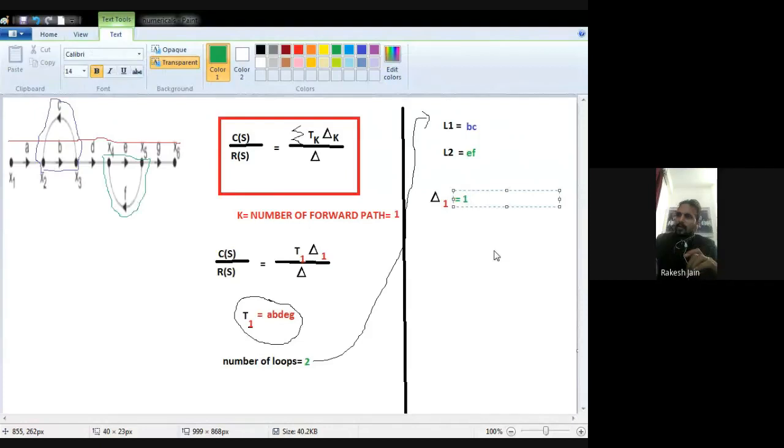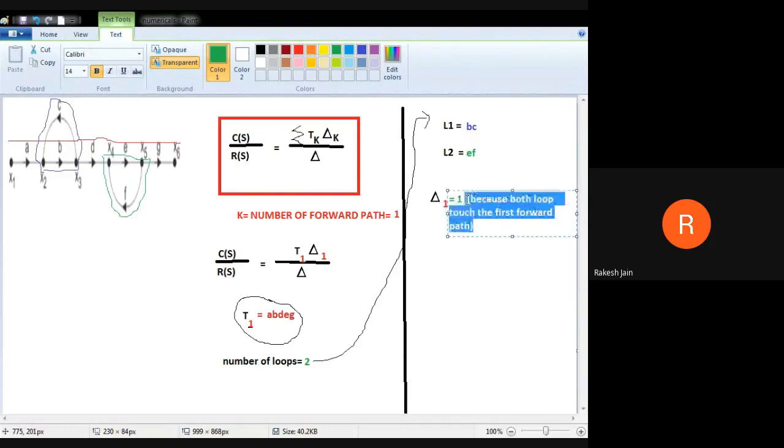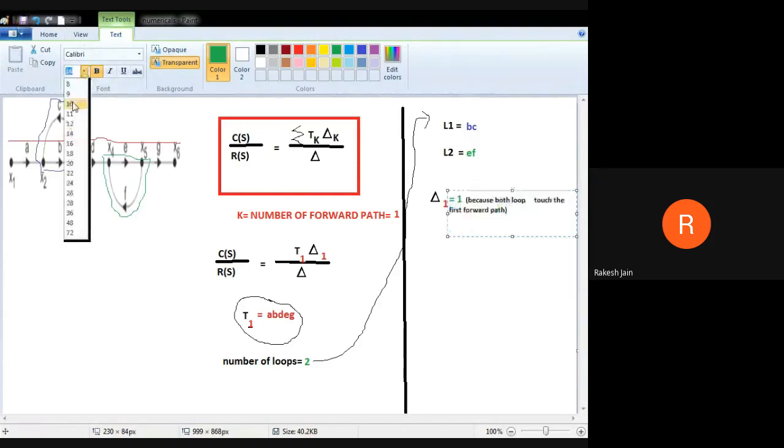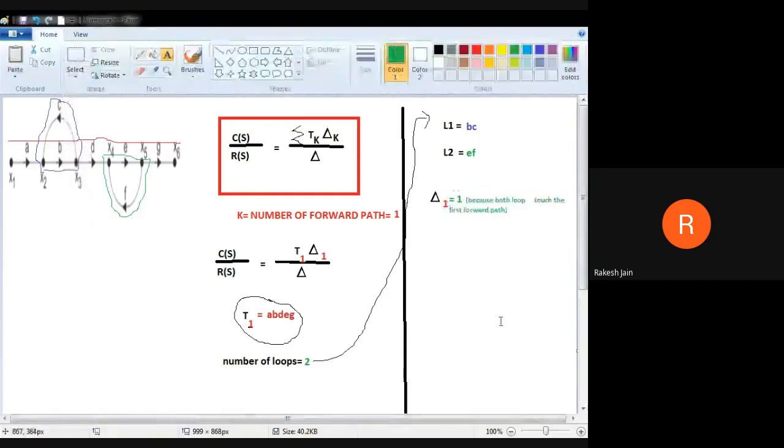I write this in brackets for your remembrance.